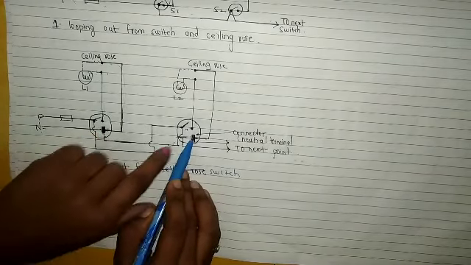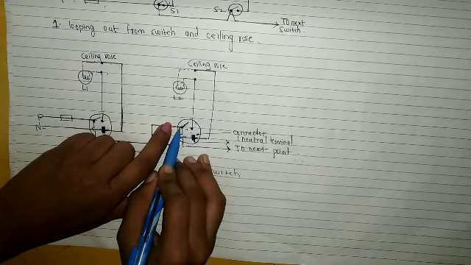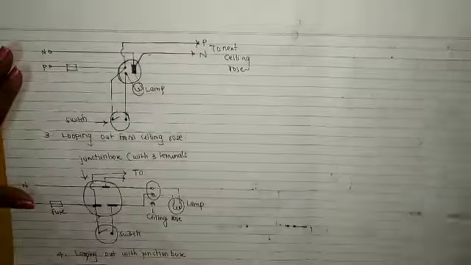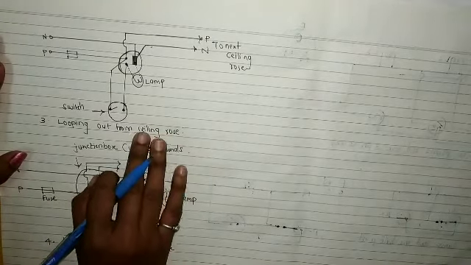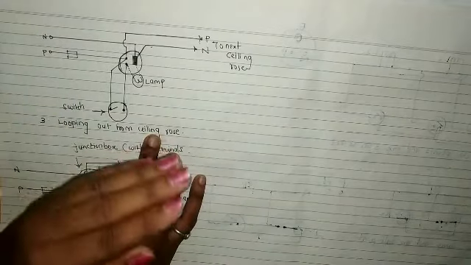And from here we will provide this neutral and this phase to the next switch. Now, looping out from the ceiling rose. What we saw last, looping out from switch, means we have to loop phase and neutral from the switch itself.